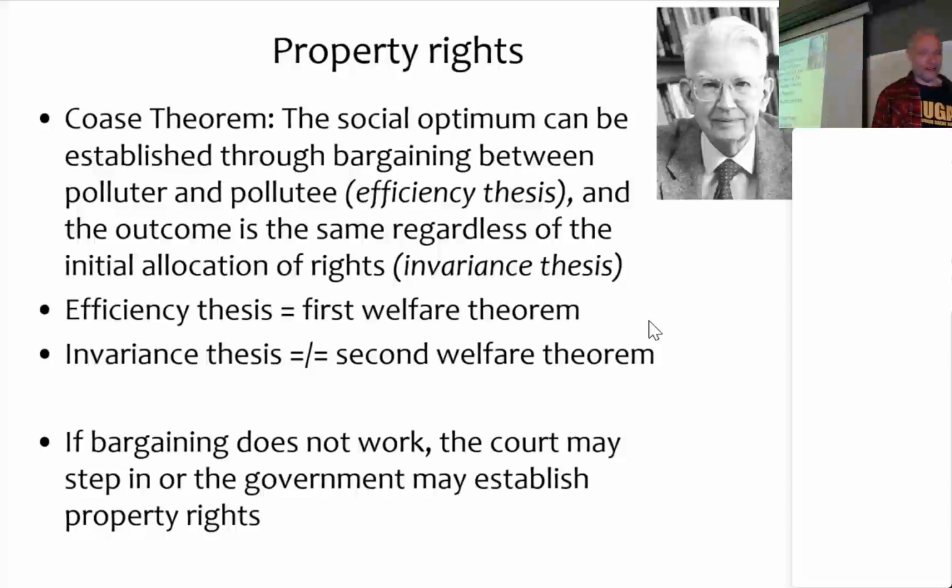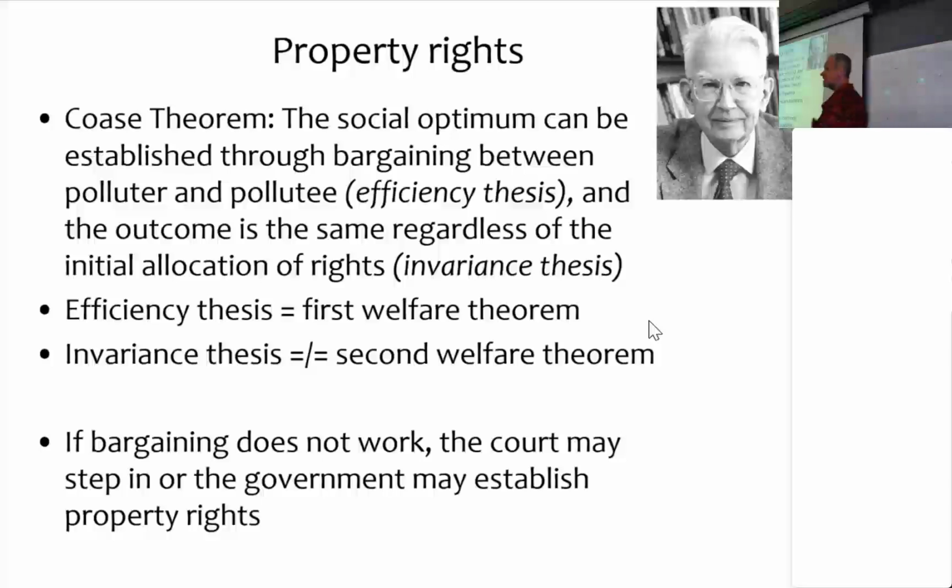Coase theorem emerged in a paper that he wrote in 1960, and he was younger then, right? The Coase theorem says that a social optimum can be established through bargaining between polluter and pollutee. That's the efficiency thesis, and the outcome is the same regardless of the initial allocation of rights. That is the invariance thesis.